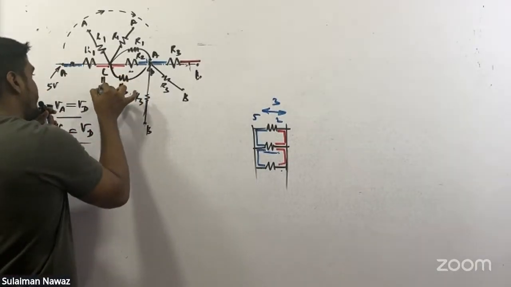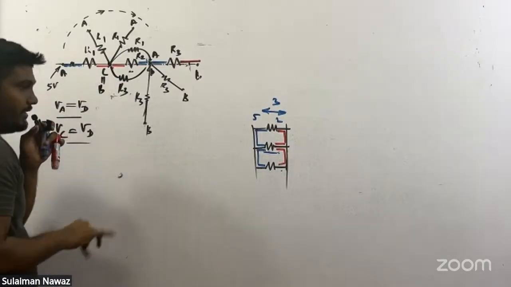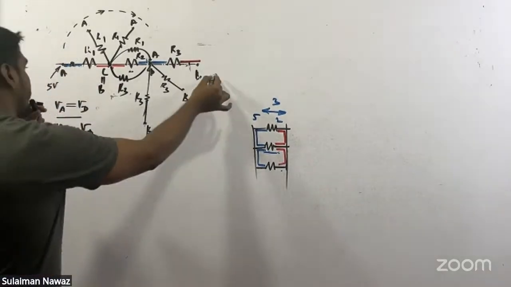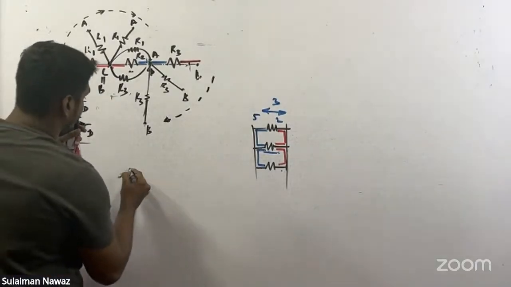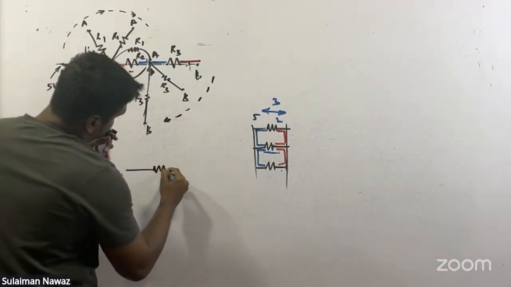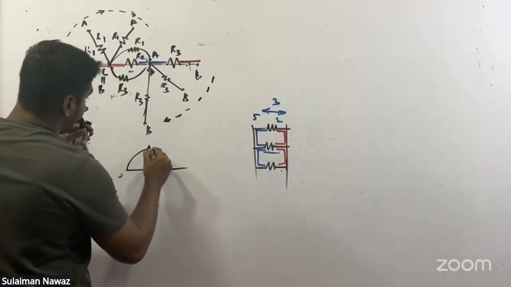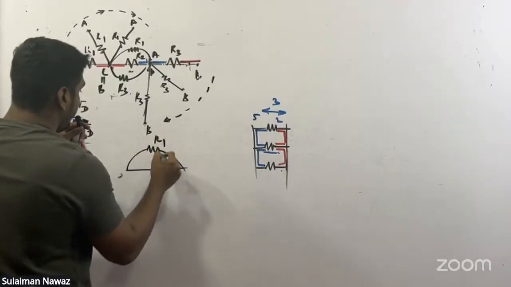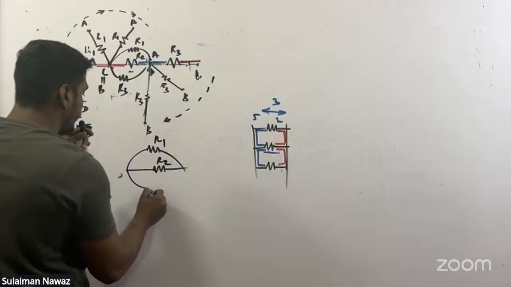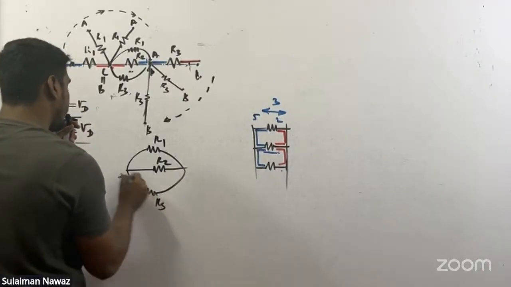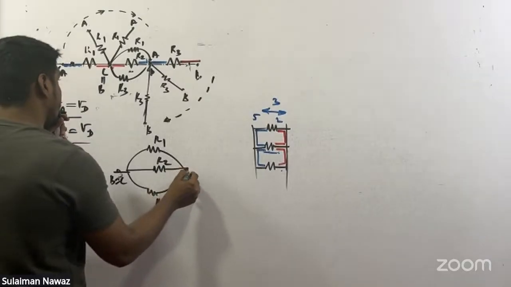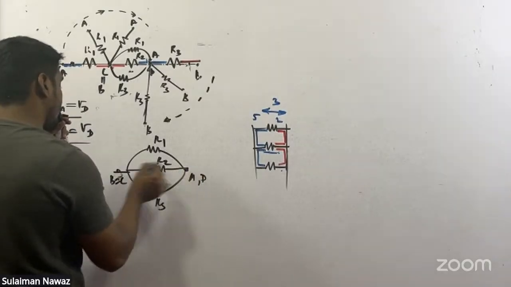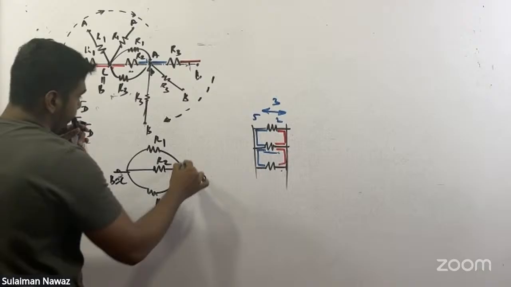Point C and point B are the same. Finally, R1, R2, R3: this is B, which is the same as C, and this is A, which is the same as D. They are parallel.